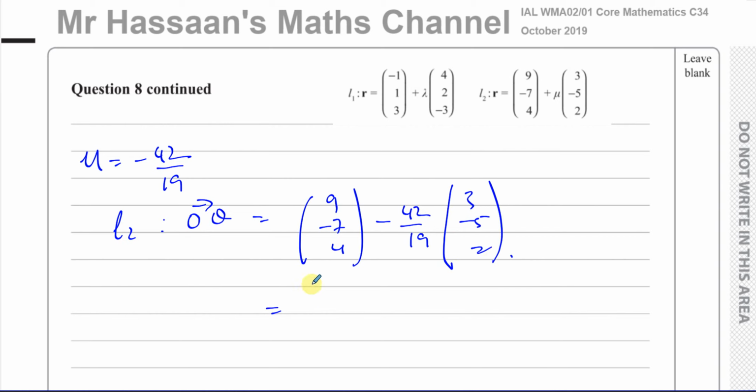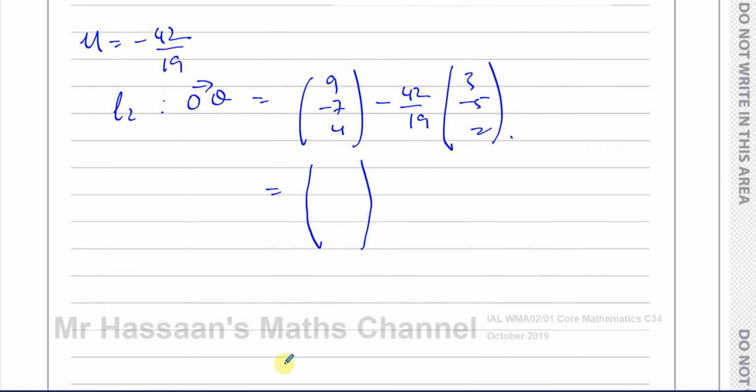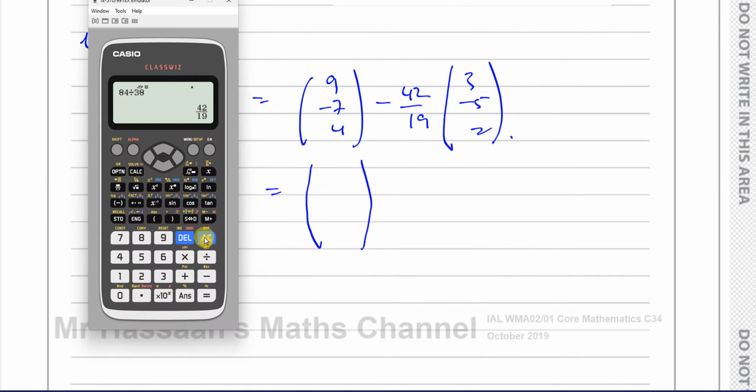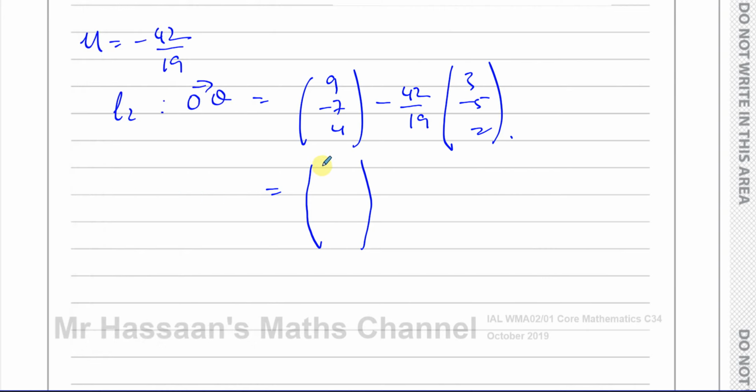And that will give us our position vector, and then in the end we'll write it as a coordinate. So let's just use a calculator for this. We have 9 minus 42 over 19 times 3, which gives us 45 over 19.